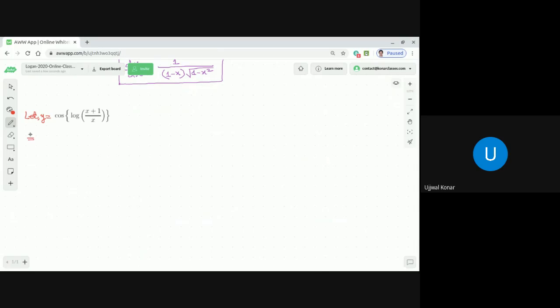So this implies y is equal to cos of this big thing, log of x plus 1 by x. Let's assume that is one thing called u, where u is equal to log of x plus 1 by x.